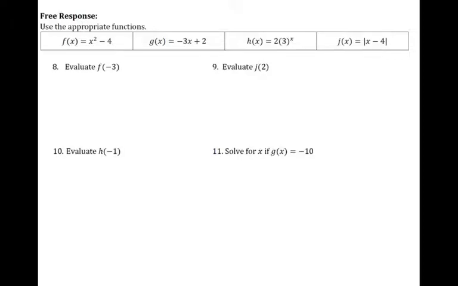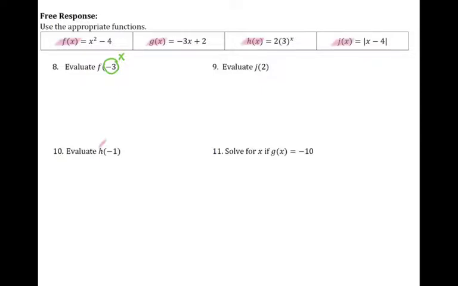All right, evaluating functions. So once again, whatever is in your parentheses, that is what you are plugging in for x. However, you do need to pay attention to which function you're going to use because all of these are labeled. This one's f of x, g of x, h of x, and j of x. So you need to pay attention to what you are plugging into.